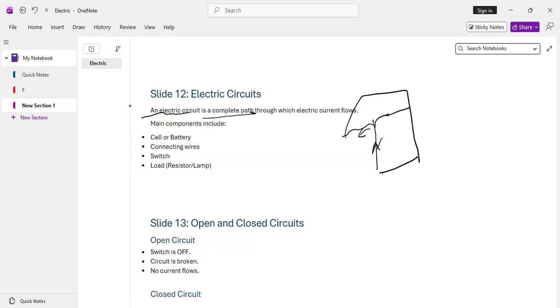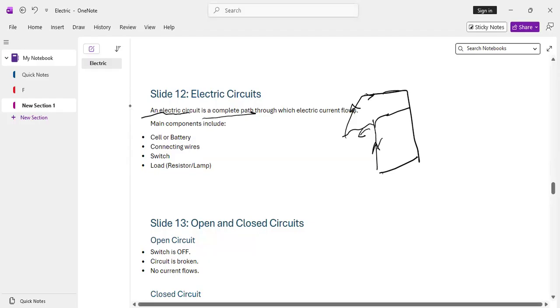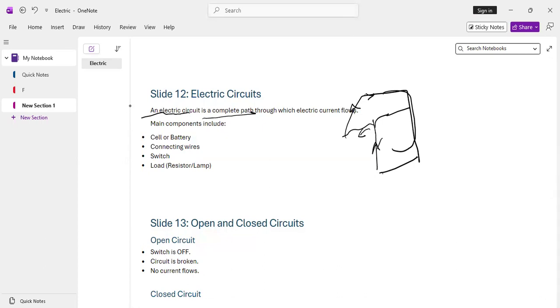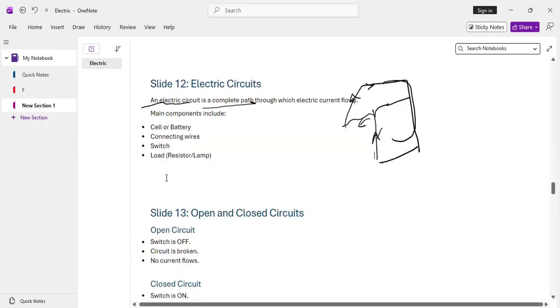We want to understand it and get it organized. At this point, you should know the basic components you should be able to find in an electric circuit, and the symbols.